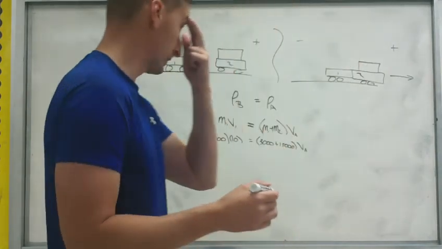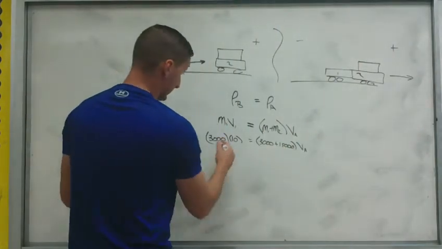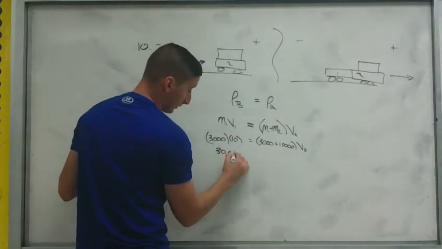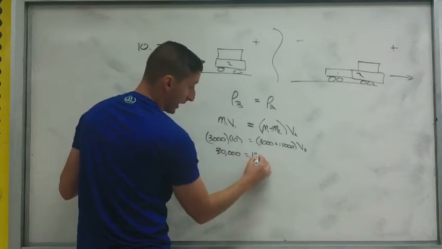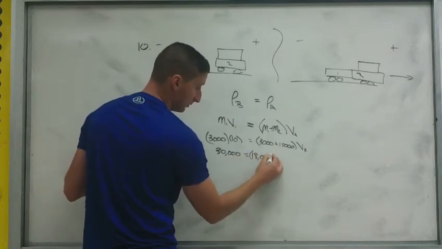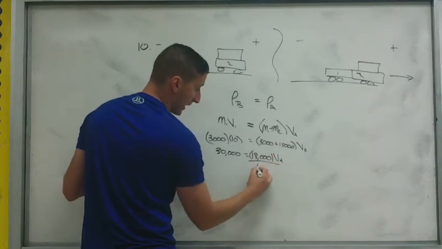All right, so let's go ahead and solve for this. This is 30,000. I solve that, I get 18,000 times velocity after. I divide by 18,000.